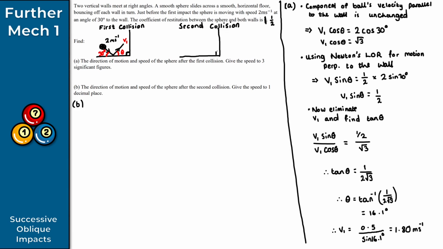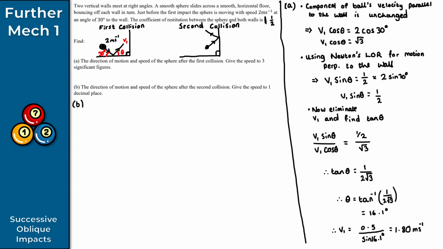What's different is the sphere just carries on from, say, here to the wall. It's going to hit the wall and bounce off. My diagram is not perfect, but I don't have a ton of room here. But you get what I'm trying to draw. It's going to look something like this.